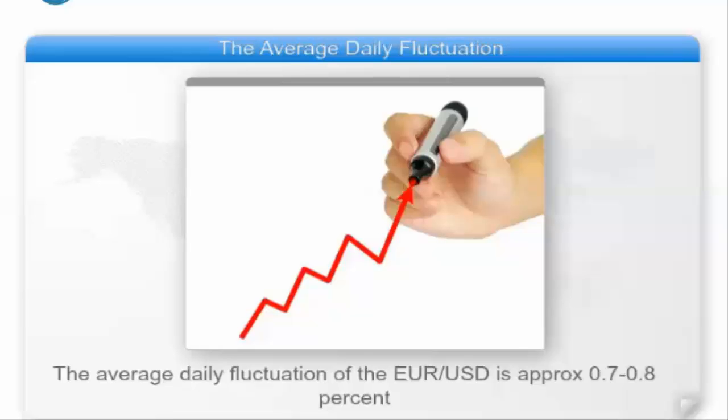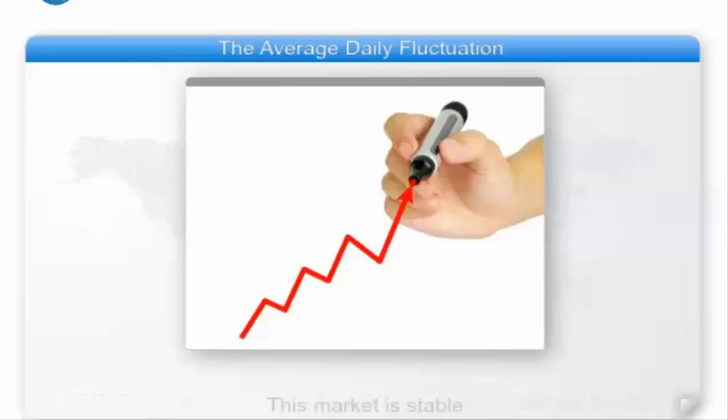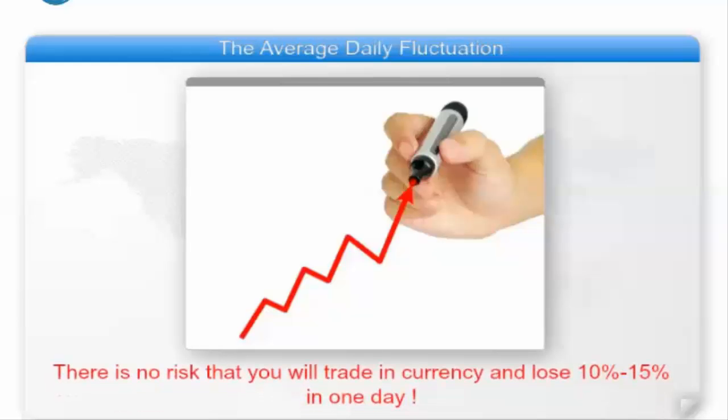This market is stable, and I'm referring mainly to the major currencies: the euro, the US dollar, the pound, the yen, and the Swiss franc. This is a stable market with exchange rate fluctuations of 0.5% up to 1.5% throughout the day. There's no possibility that you will trade a currency and lose 10 to 15% in one single day.